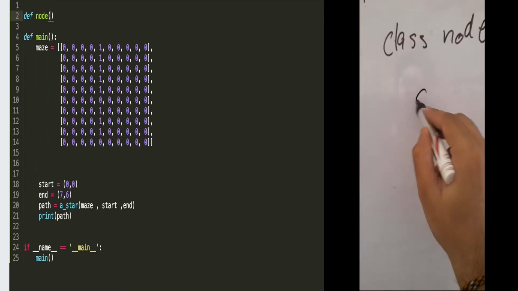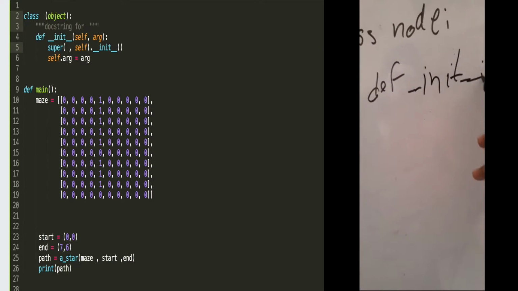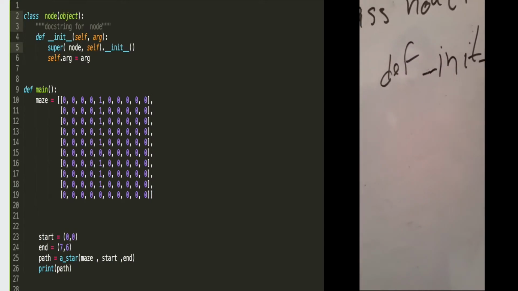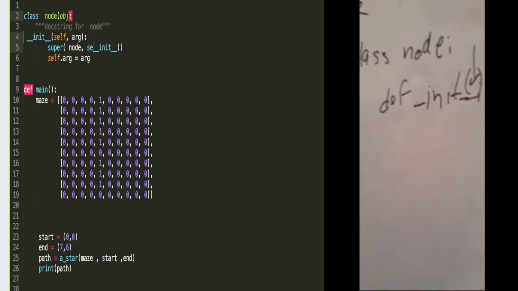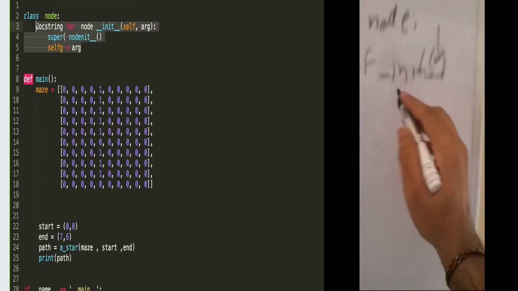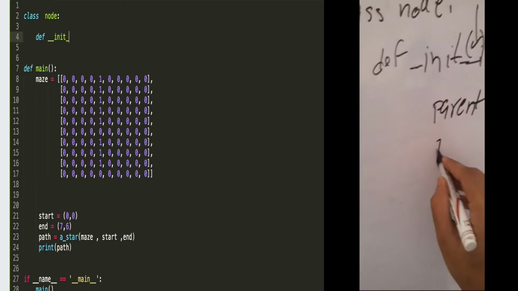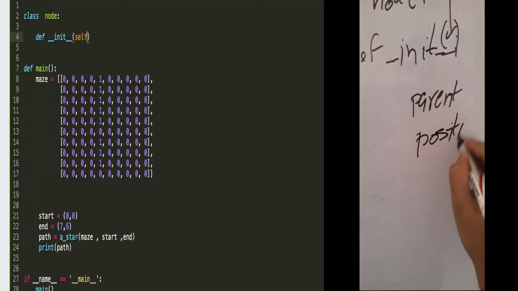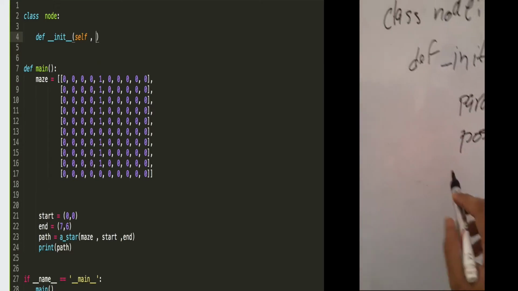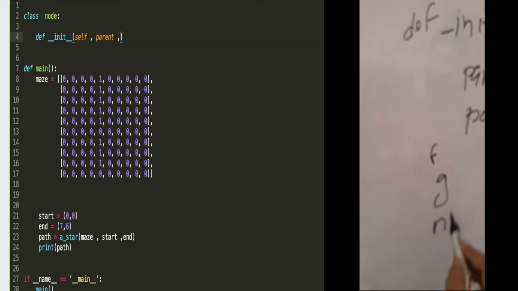Let's create a constructor first. In the constructor function, we're going to pass the parent, the position, and the values f, g, and h.